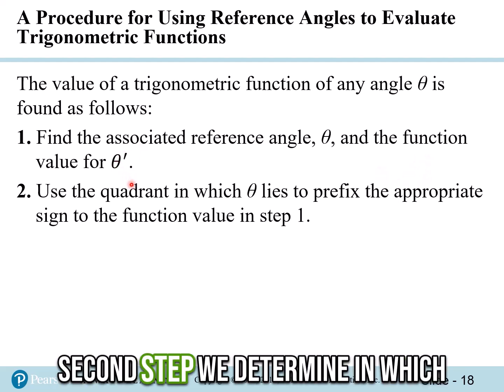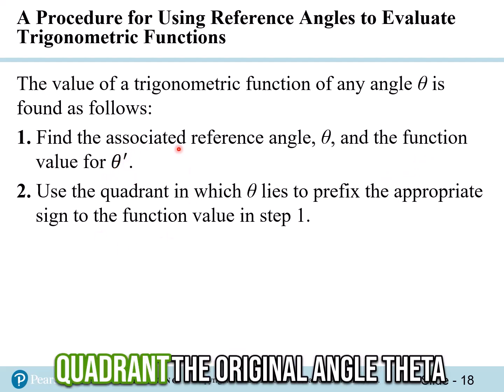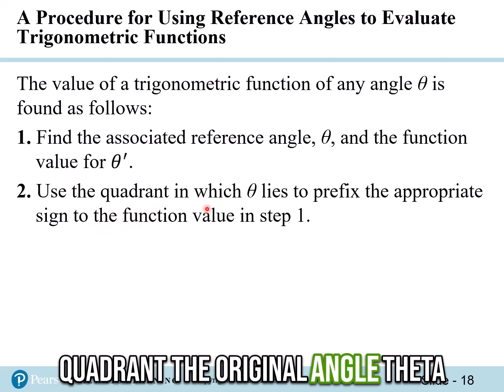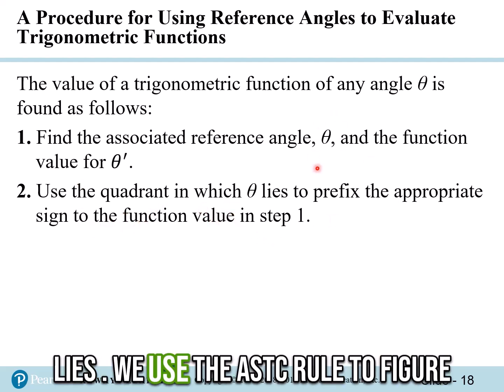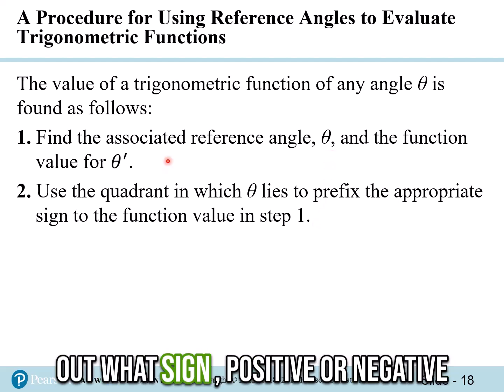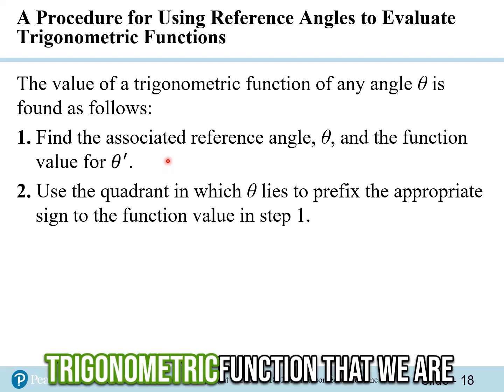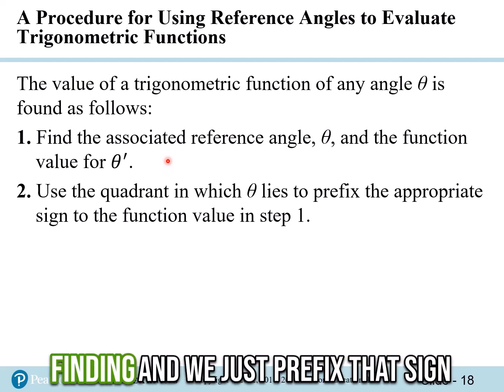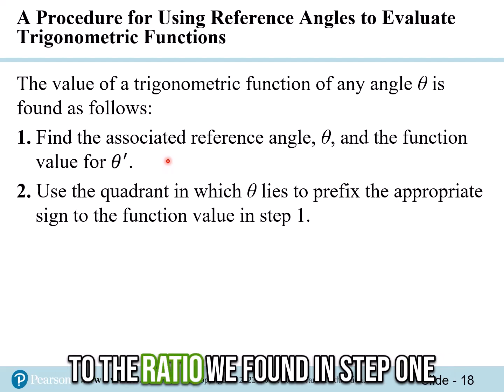In the second step, we determine in which quadrant the original angle theta lies. We use the ASTC rule to figure out what sign, positive or negative, goes with that particular trigonometric function that we are finding, and we just prefix that sign to the ratio we found in step 1.